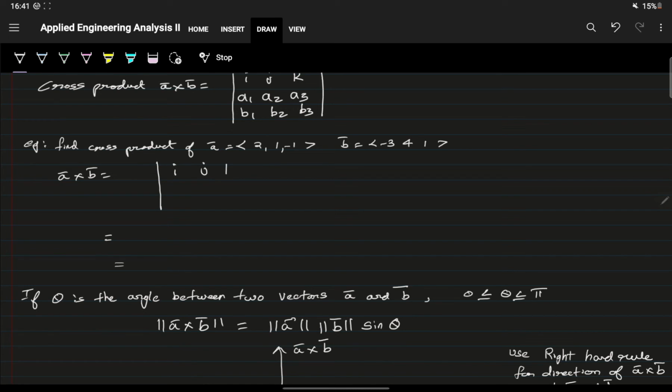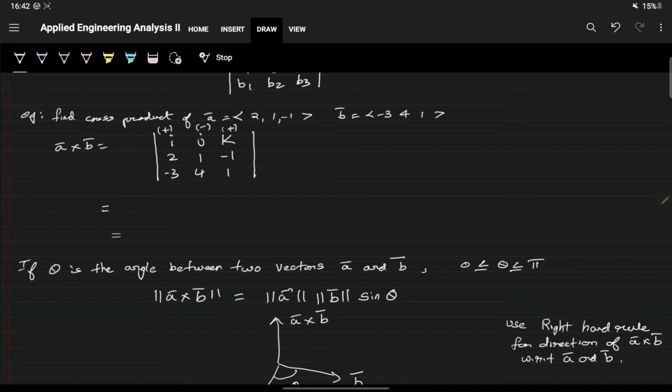Let's write down the basis vectors i, j, k, and the components. Now, one important thing is the sign convention. This would be plus, minus, and plus from the cofactors. And now let's find the determinant.